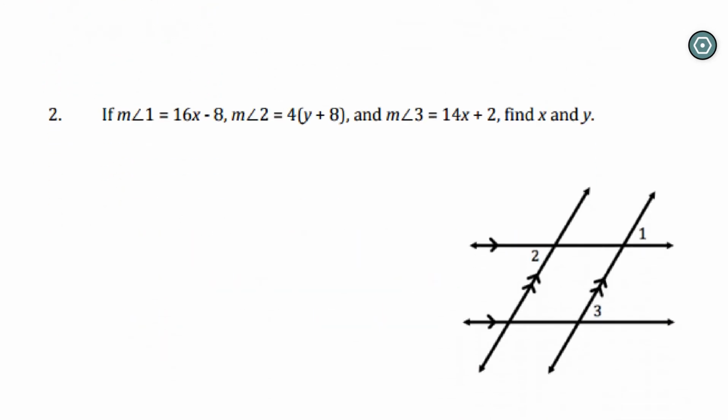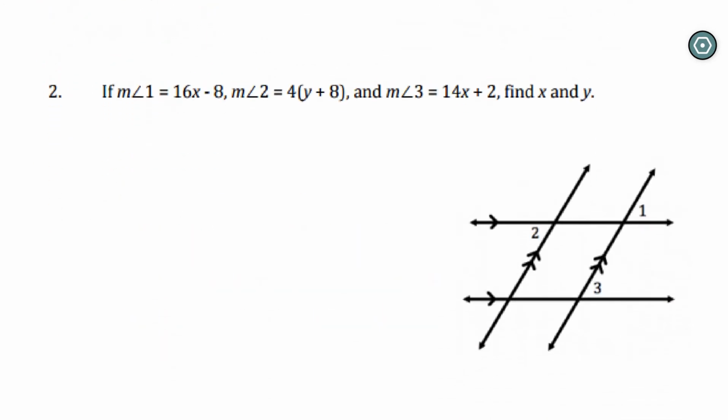Number 2, well, it gives us these 3 angles, angle 1, angle 2, and angle 3. If I look, angles 1 and 3 are congruent because they're going to be considered corresponding angles. Angle 1 could also be congruent to this angle here, which has no angle label, but those are vertical angles.